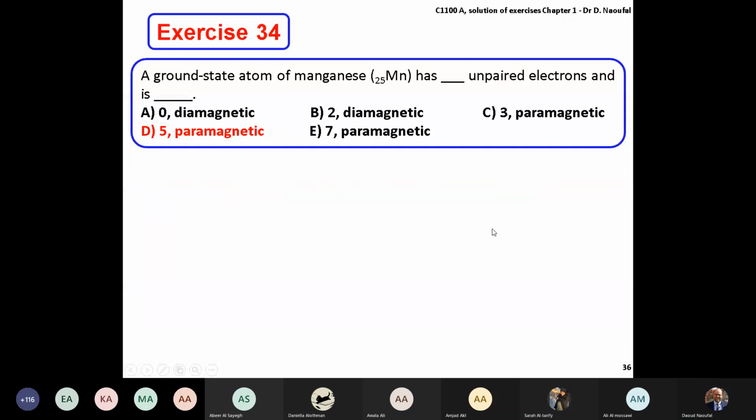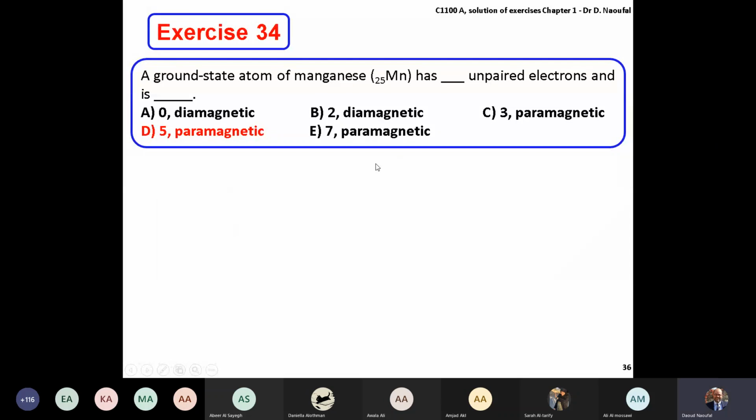Exercise 34. A ground state atom of manganese, Z equal 25, the number of unpaired electrons is, and we have to complete, is diamagnetic or paramagnetic.